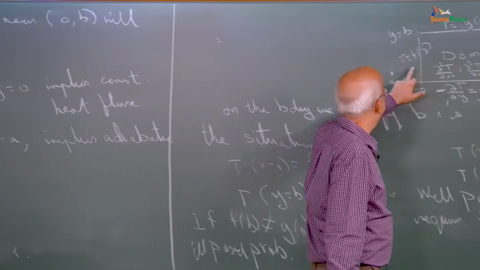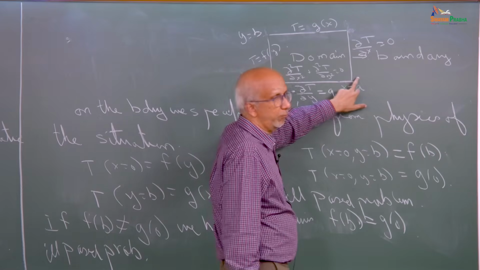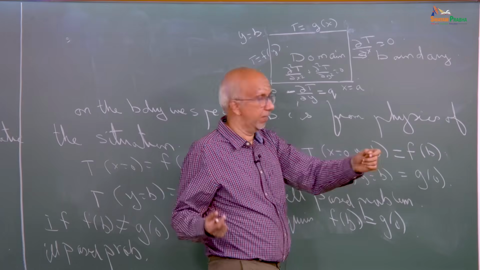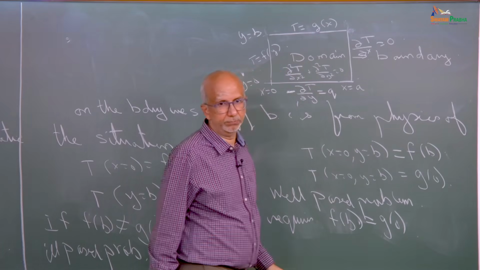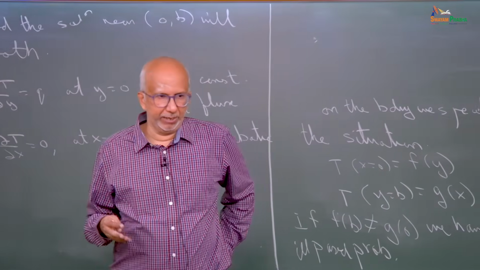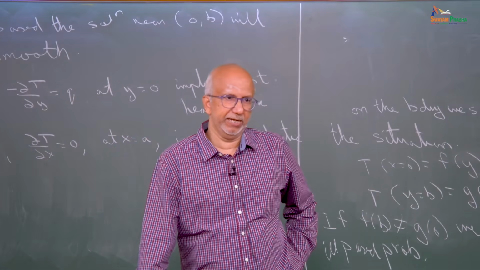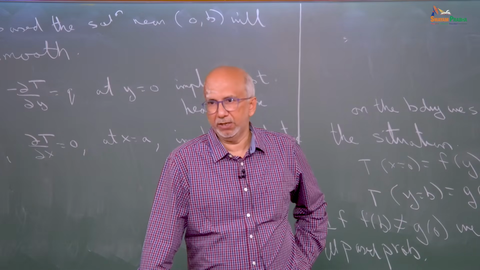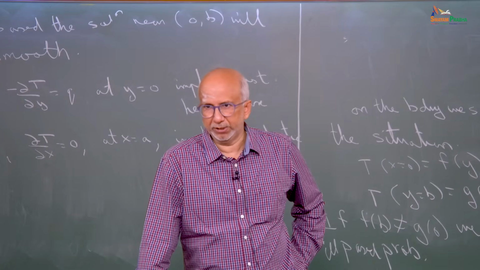I have one boundary condition at x equal to 0, one boundary condition at x equal to a, second order in x, second order in y, one boundary condition here, one boundary condition here. So, basically if I have second order in y, I need to have two conditions in y, second order in x, I need to have two conditions in x, and then when I am solving it, I will get some arbitrary constants of integration, which I can calculate by using the boundary conditions.